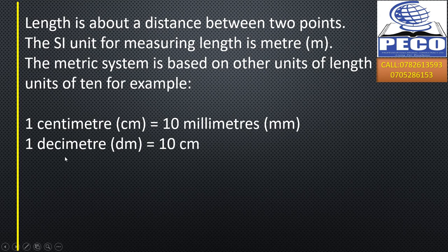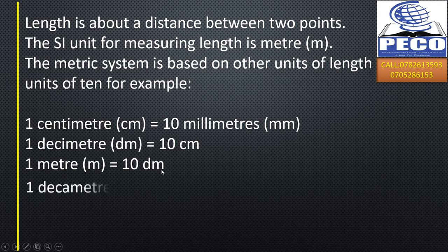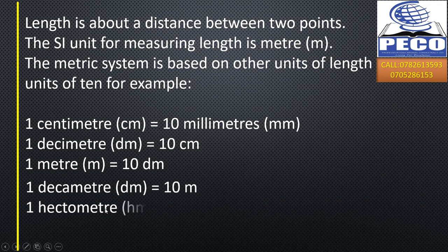Decimeters, you may have seen them. 1 decimeter is equal to 10 centimeters. 1 meter is equal to 10 decimeters. And 1 decameter is equal to 10 meters. 1 hectometer is equal to 10 decameters.